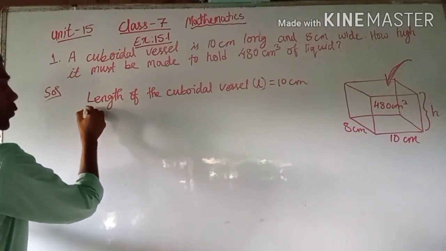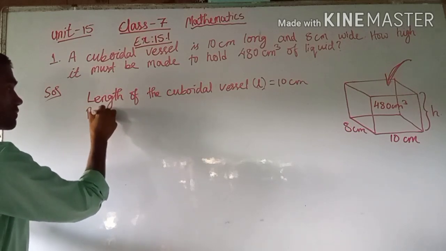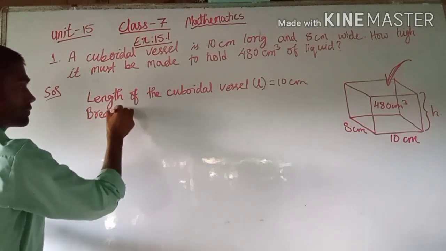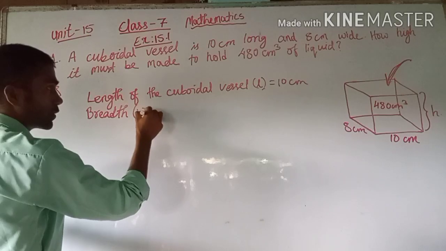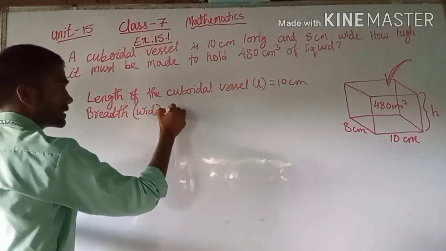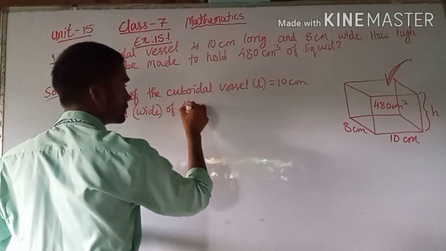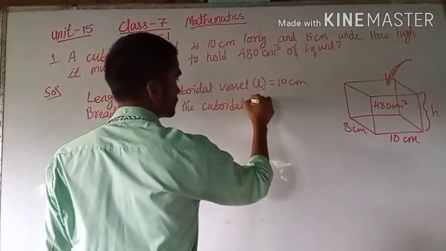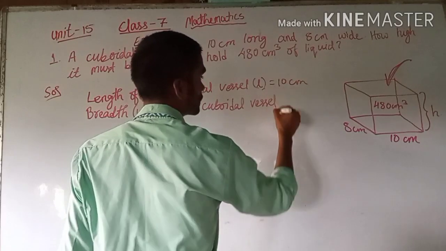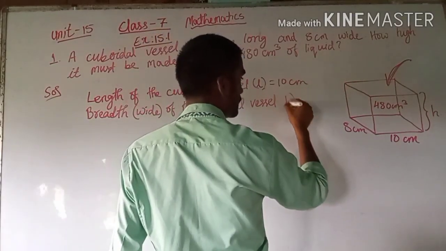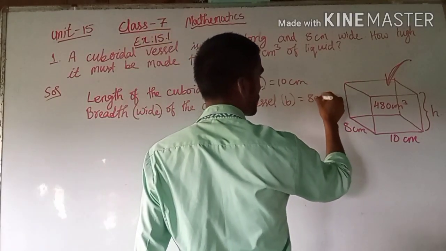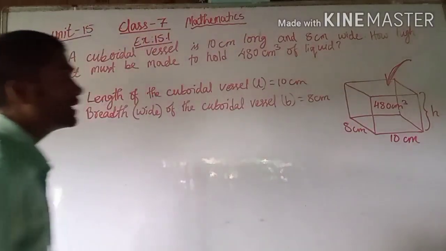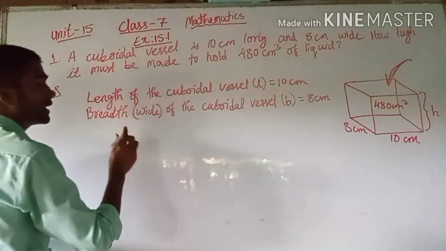Again it is given wide, that is breadth, of the cuboidal vessel, that we take as B is equal to 8 cm. Now again it is said to find the height.